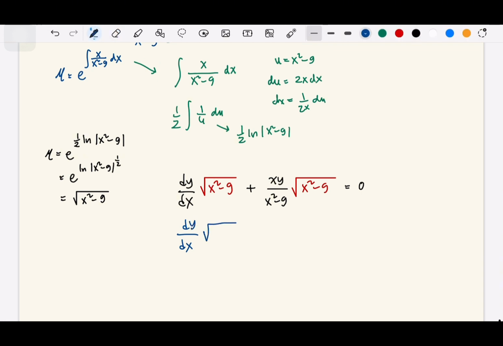So let me write, so plus xy, this will be, or maybe let me write it's going down. Okay, then it's equal to 0.